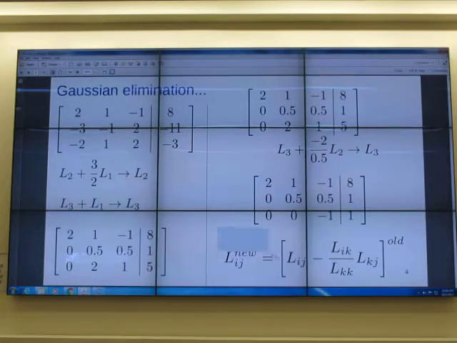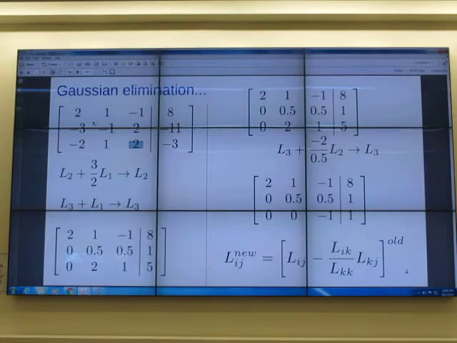So the general formula is: new line for line ij is line ij minus line ik divided by lkk, multiplied by lkj. So what is that k? You see lkk, every time we divide by lkk, so lkk is the diagonal term. That is the diagonal term.